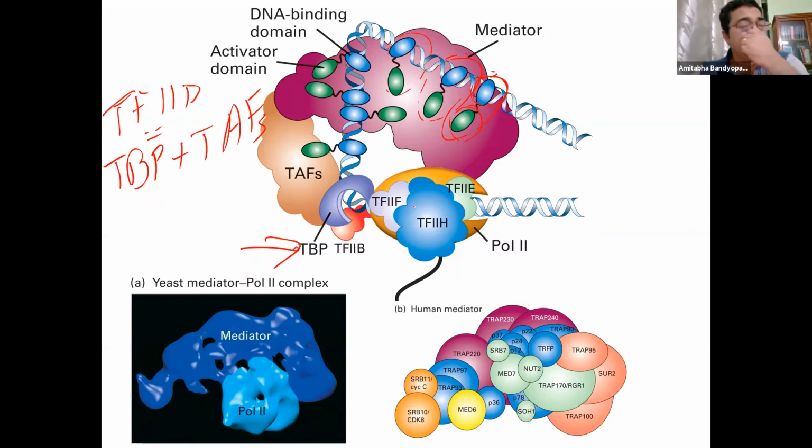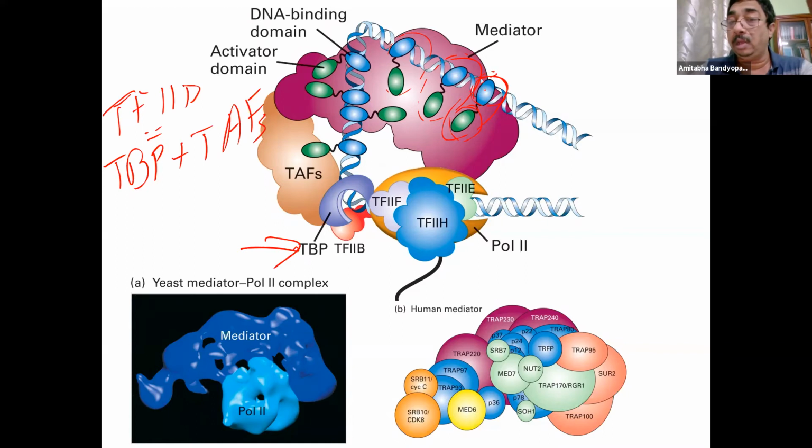So these transcription factors will have a DNA binding domain and a transactivation domain, and the DNA binding domain will have different kinds of specificities that dictate which sequence they bind to. But the transactivation domain, almost without a miss, will interact with the mediator complex. These are called domains. By definition, domains are structurally and functionally independent.